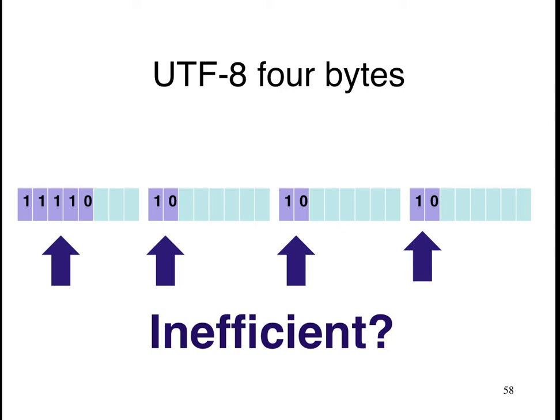If, for example, this was a transmission from A to B and some bits were lost, the system would be very susceptible to errors. Also, we know that if you jump into this in the middle of the bytes somewhere, you'll know where you are more easily. So having the continuation bits marked makes it much easier to recover from errors or to know where you are if you just hop into the stream. So it is slightly more inefficient, but it's more robust, and so that's why we do it.